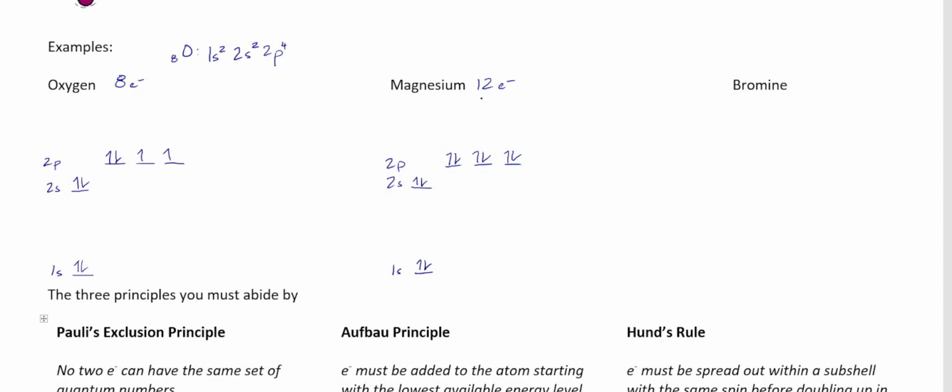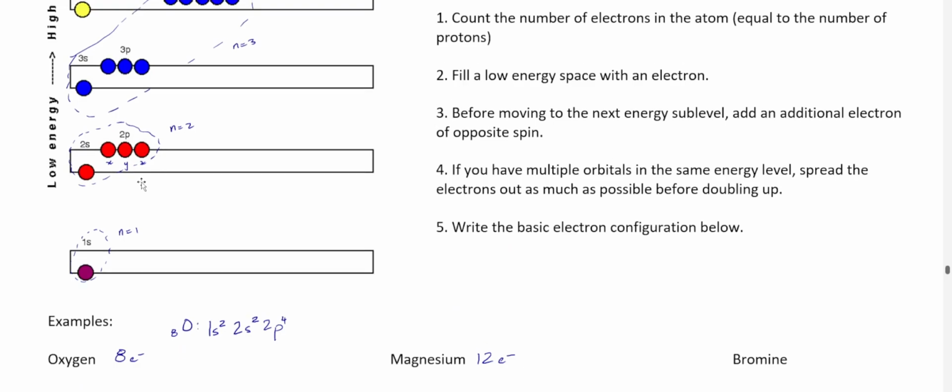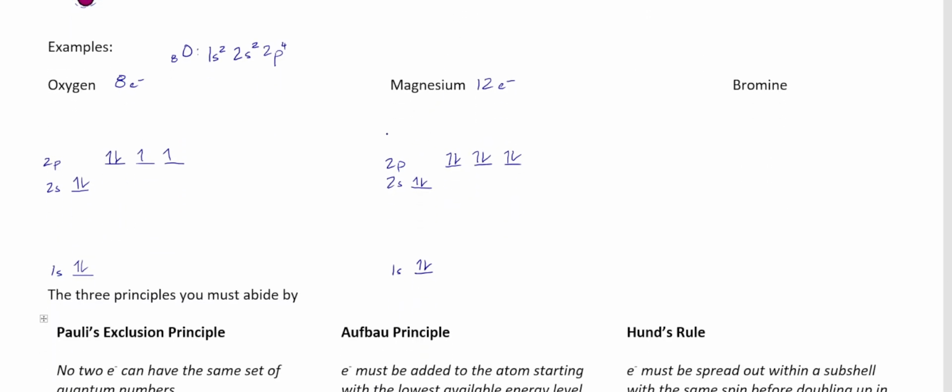I need to have 12 electrons, so that means I need to go up to the next energy level, and as we can see, the next energy level is 3s. Put that there, and I fill that with 2 electrons, so I now have 2, 4, 6, 8, 10, 12 electrons, and I've completed the energy level diagram for magnesium.